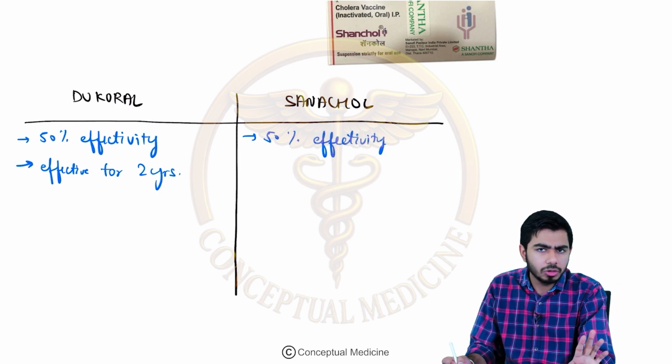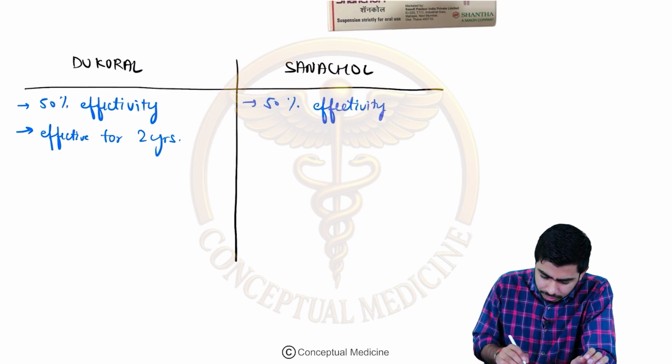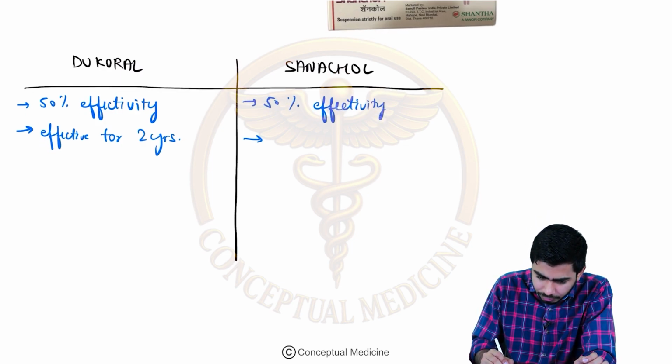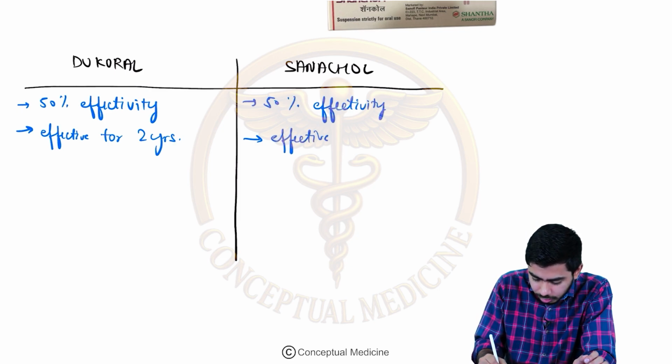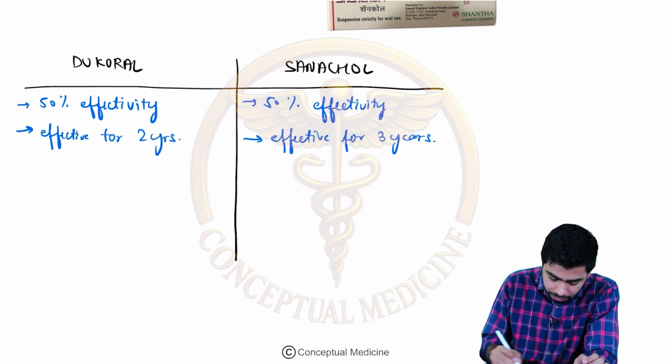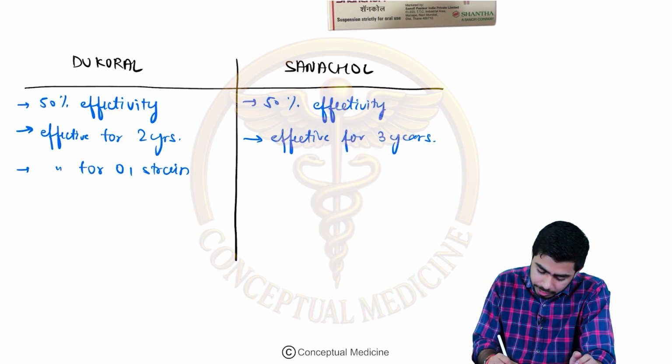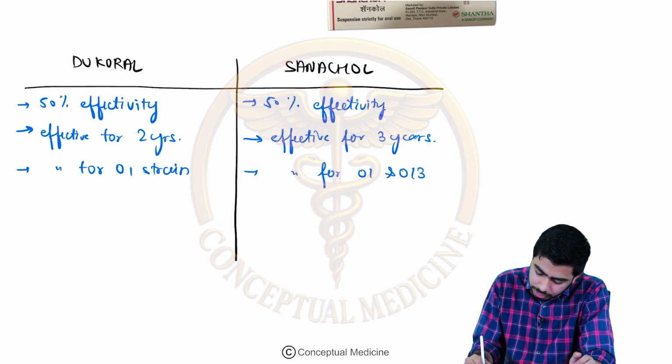Both of these are oral vaccines only. And this one is actually effective for about 3 years, so somewhat better than Decoral. I told you Decoral is effective for the O1 strain of Vibrio cholerae, and Shanchol is effective for both the O1 and O139 strains as well.